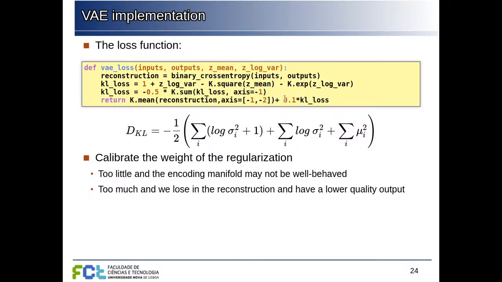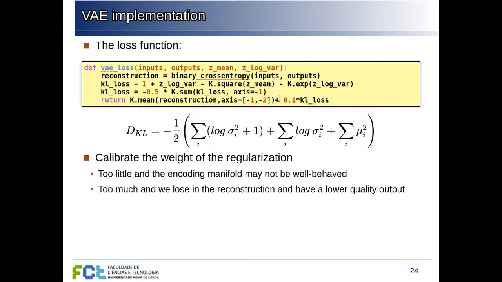If you put too little weight on the regularization, then it's likely that your manifold will not be as neat, as well behaved as you want, and then you have trouble picking examples, picking latent representations if you want to generate new examples. So there is some balancing that we need to do here.